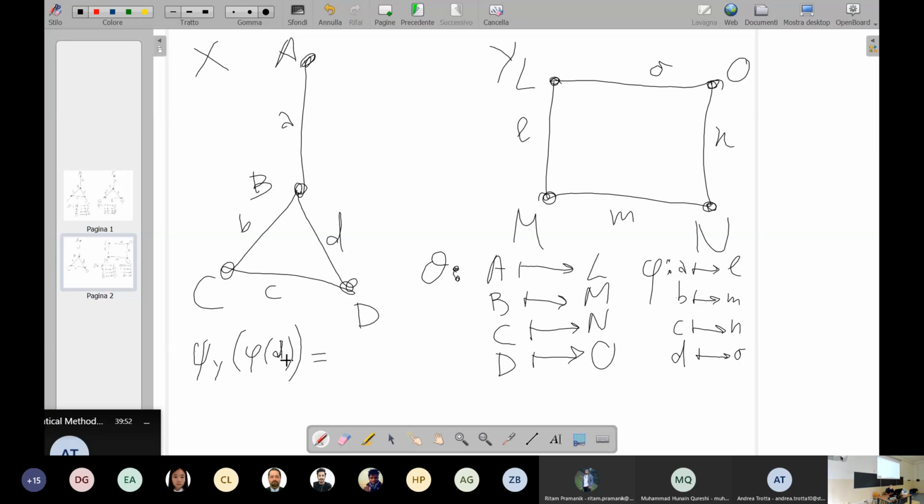The ends of phi of d, which is small o, are L and O. Okay? But if I take psi X of small d, what are the ends of small d here? B and D.